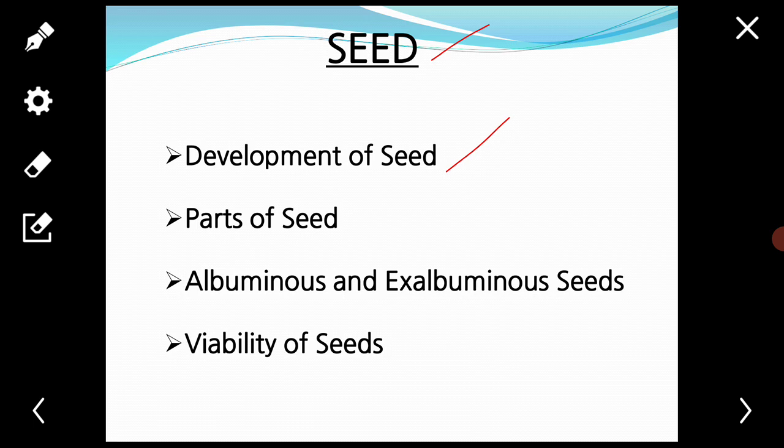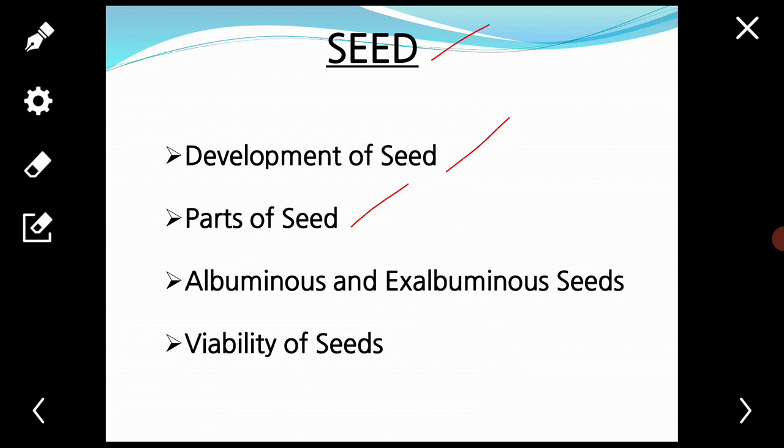Next, that is the parts of seed. Every seed has an outer covering called the seed coat. It develops from the integument of the ovule. The outer coat is called the testa and the inner layer is called the tegmen.